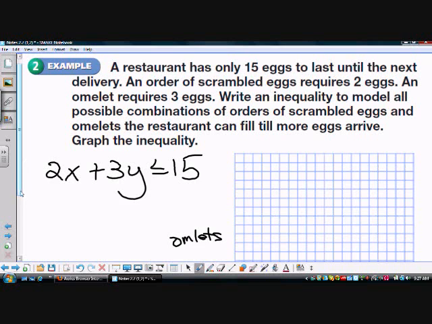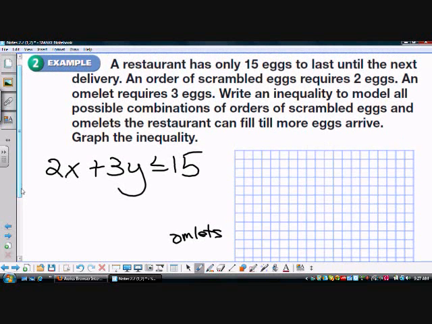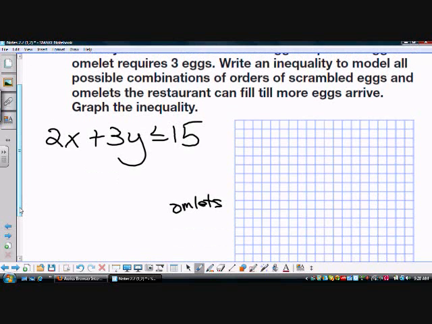Okay. How do I graph this? What's the easiest way to graph when you have your equation written in standard form? Yeah, the easiest way in standard form would be to find the x and y intercepts. So my x-intercept, make the y 0.